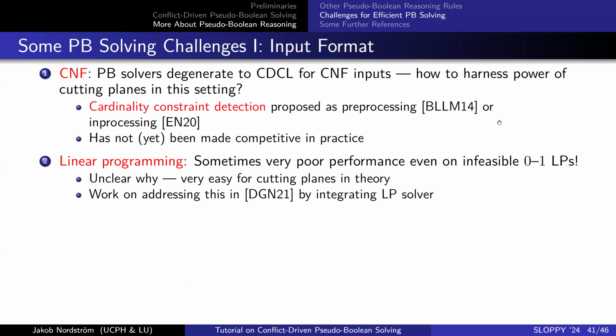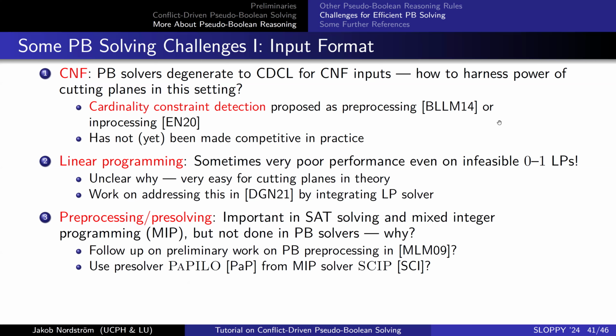As I said, we sometimes have very poor performance of pseudo-Boolean solvers, even on rationally infeasible 0-1 linear programs. And we don't understand this, there are no theory reasons for it, because if a linear program is infeasible, then that's very easy for cutting planes. We will talk later today about how to maybe integrate pseudo-Boolean solving and linear programming to address this.